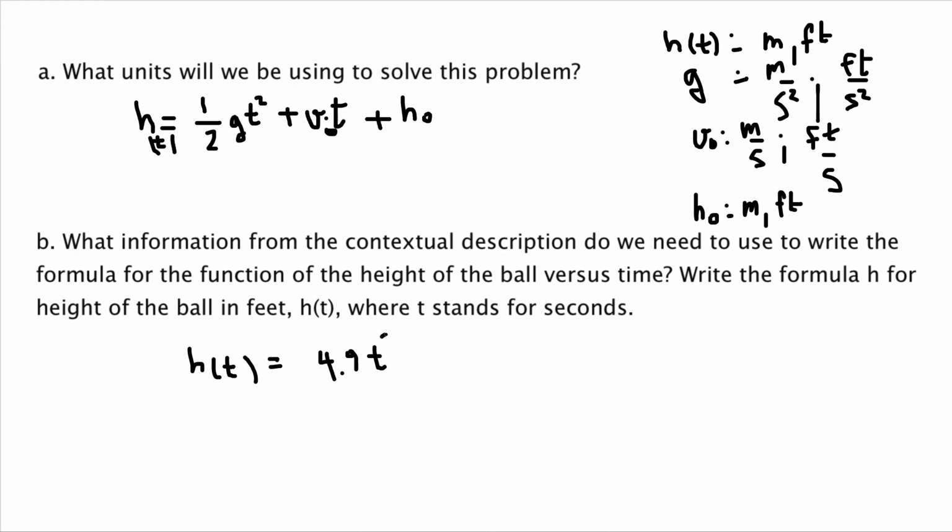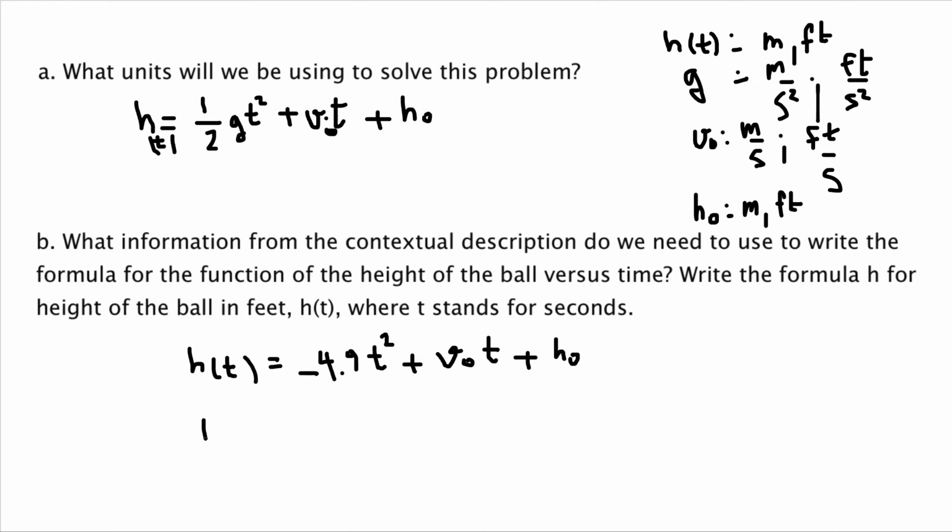Here I'm not writing the units because we know h of t is going to be in meters in this case, plus v0, the initial velocity, times t, plus h0. Because the pull of gravity is downward, the sign is negative. This is the metric standard.